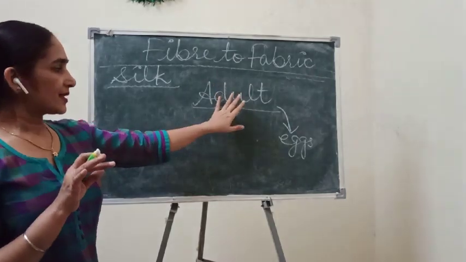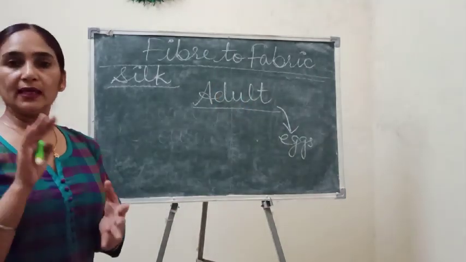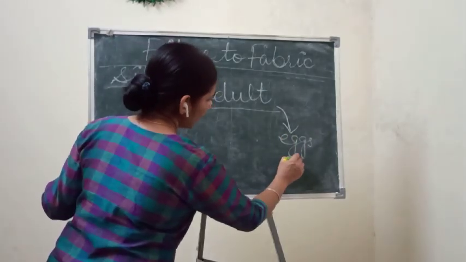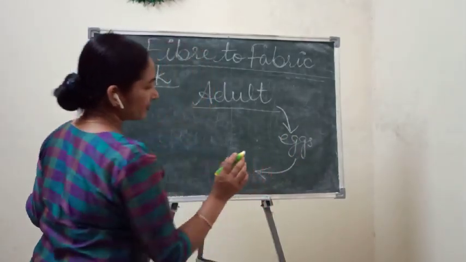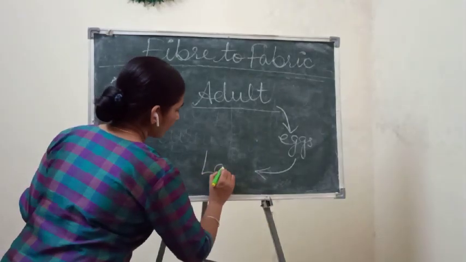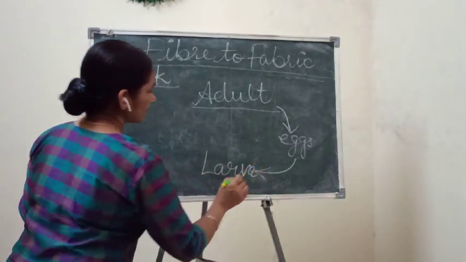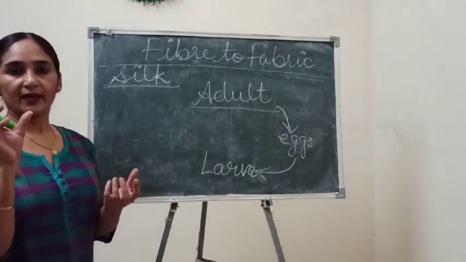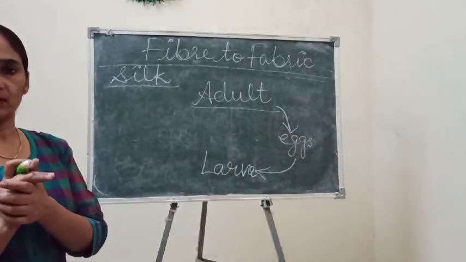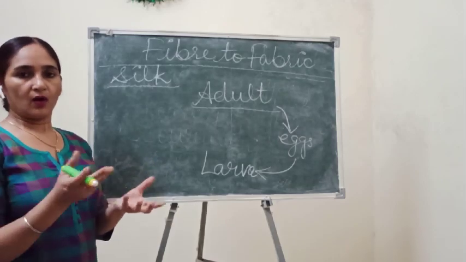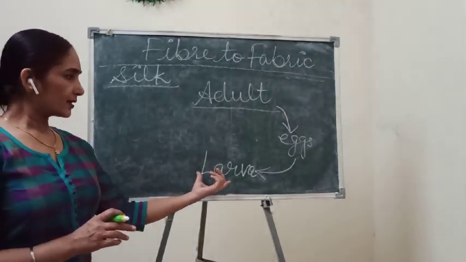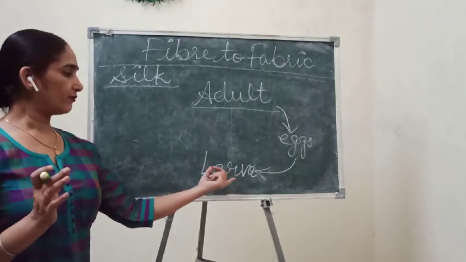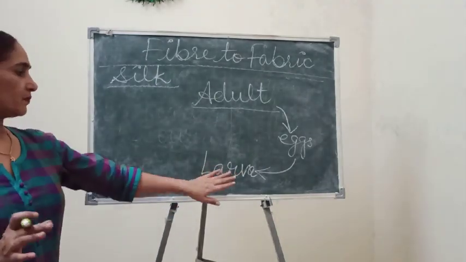So this adult lays eggs on the leaves of the mulberry tree, and after laying eggs, from the eggs larva comes out. Larva means it is just like a caterpillar. You have seen all around you that it is a caterpillar kind of stage.